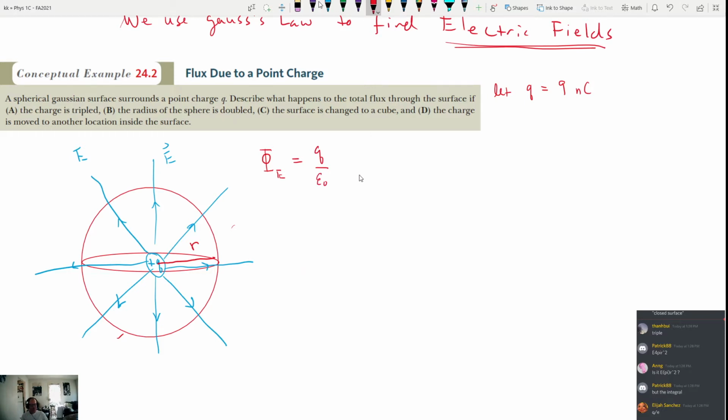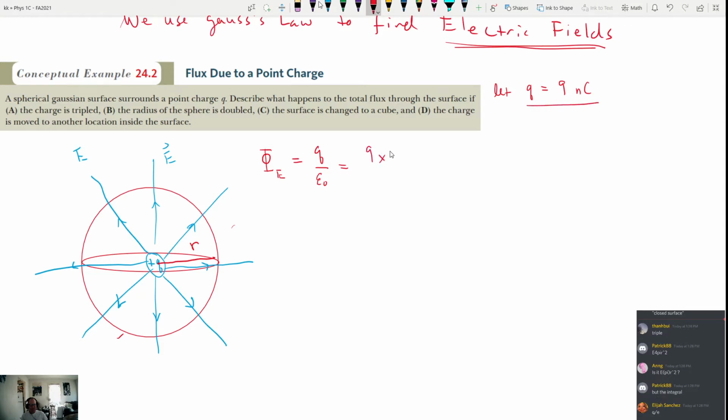That's the answer. For example, if we chose Q to be 9 nanocoulombs, this would be equal to 9 times 10 to the 9. Oh wait, that's K. What am I doing? Let's say Q is 9 nanocoulombs.